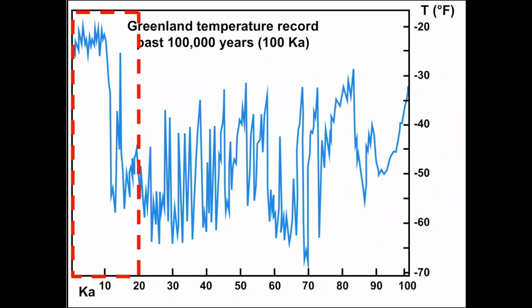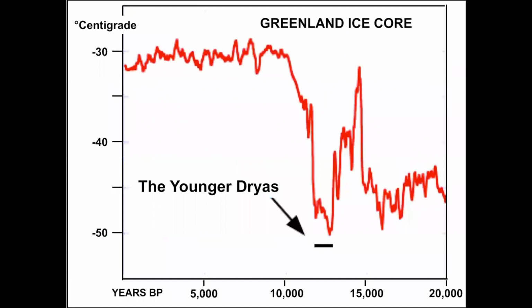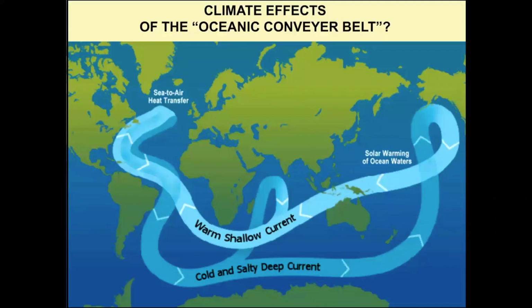Then we're going to have to change our scale again and look at the last 20,000 years. When we look at the last 20,000 years, we see we started to come out of the glacial event and then dropped back down into it in something called the Younger Dryas. This plunge in temperatures, a return to glacial conditions when it looked like we were coming out of it, has been much debated.